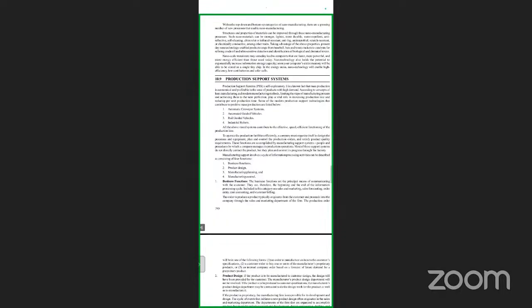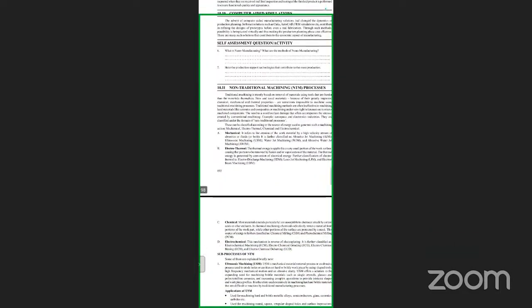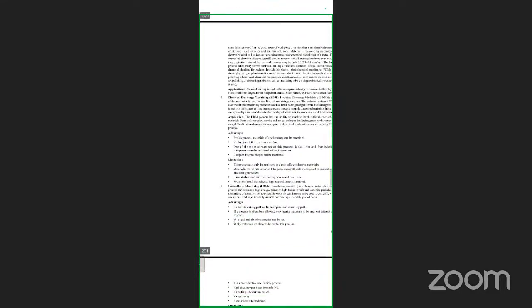Under this we have four functions, where manufacturing support involves a cycle of information processing activities that can be described as consisting of four functions: business functions, product design, manufacturing planning, and manufacturing control. Then comes non-traditional machining processes, with advantages and disadvantages.